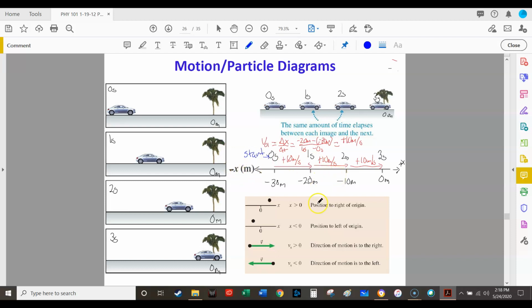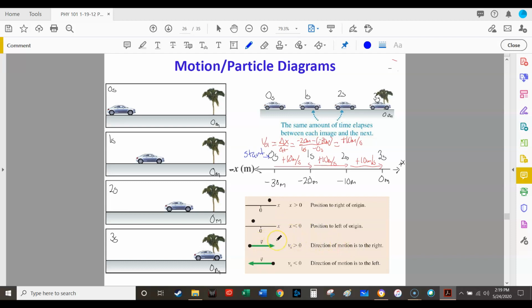Here are some little rules related to this. An object with a position greater than 0 is going to be to the right, so it'll have a positive position. An object with a position less than 0 will be to the left of the origin.